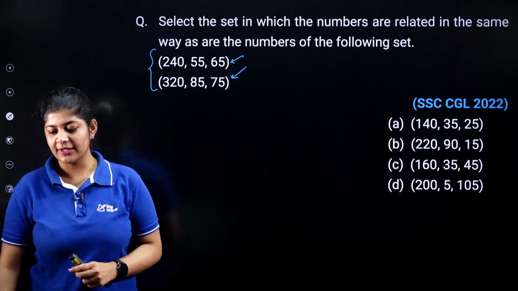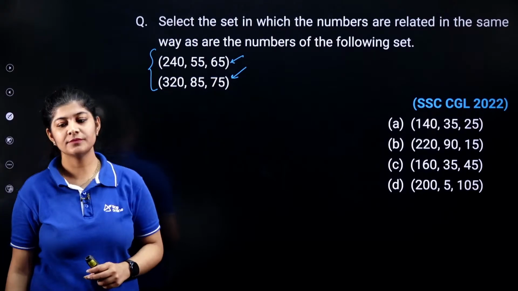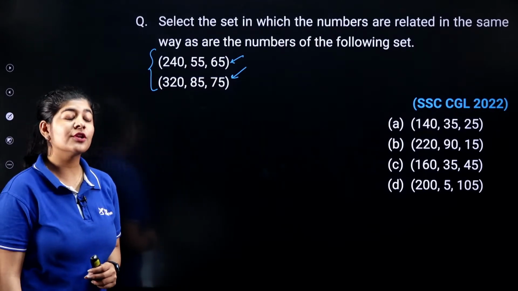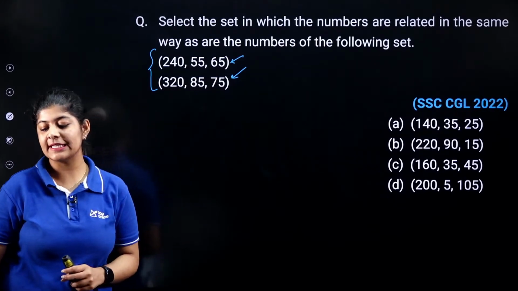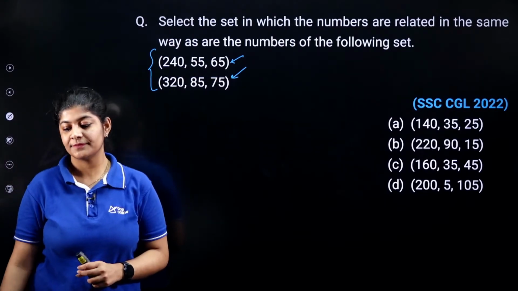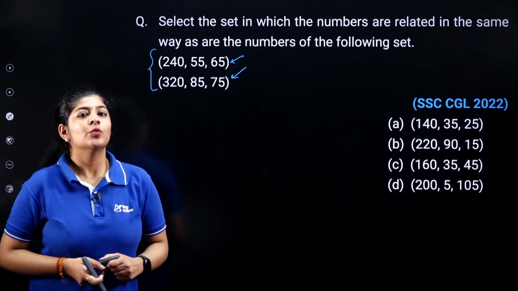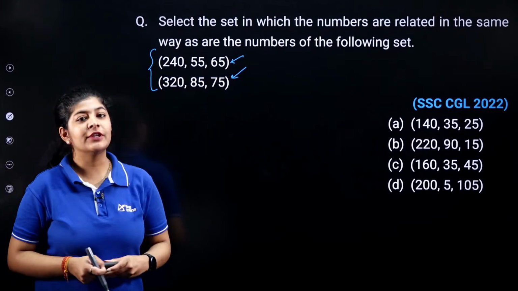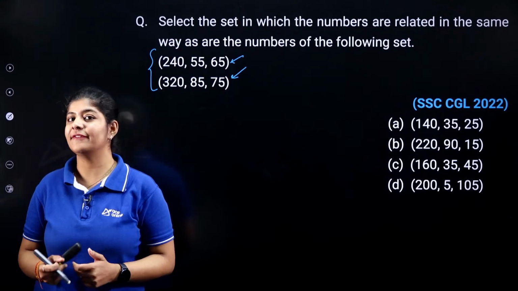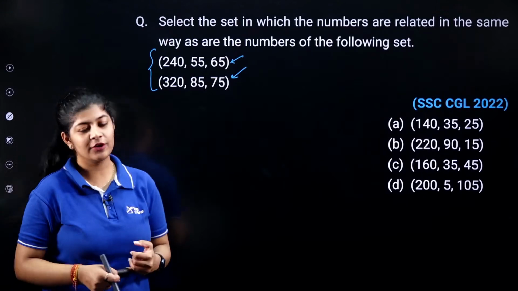A very good evening, Sheetal. This is a very easy pattern. Just focus on the numbers and you can easily determine the given pattern. 240, 55, 65. Second one is 320, 85, 75. Okay, very good, Bliss. Let's see.